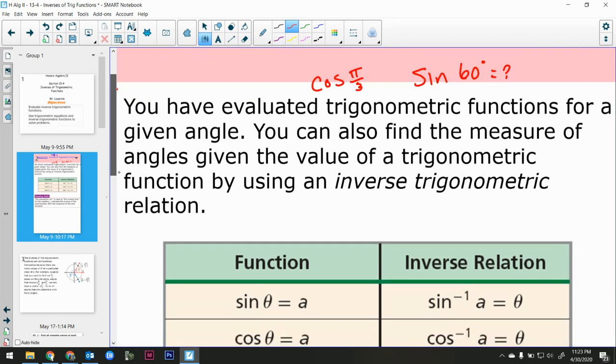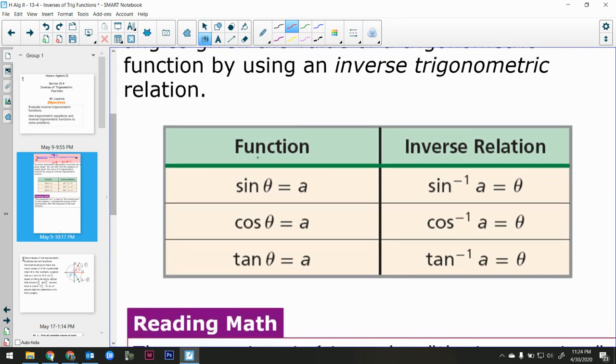Okay, so to do that, we need to use an inverse trig function, inverse trig relation, right? So how would I get theta alone here? Well, to the other side, I would have to do the inverse of sine. So inverse sine of A is theta, inverse cosine, inverse tangent, okay? Now, please don't mistake these to the -1 powers as any sort of reciprocal value.